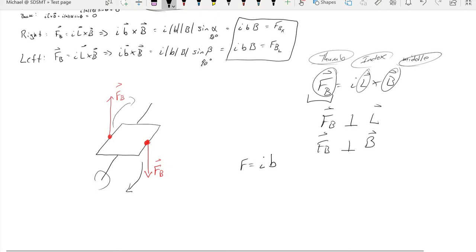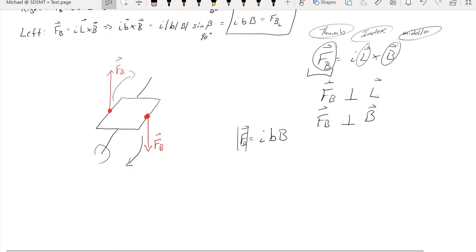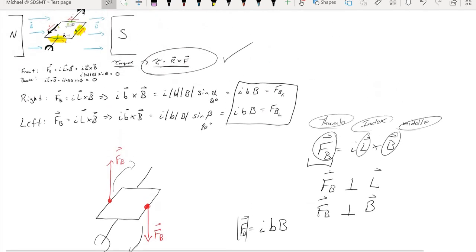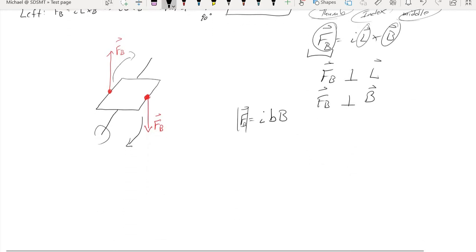We said the left and right hand legs had length of little b, and we have the magnitude of the magnetic field itself. So there's the magnitude of the forces. Now we have to apply those forces using the torque expression. And torque is also a cross product. Torque is the cross product of the radial vector times the force vector.